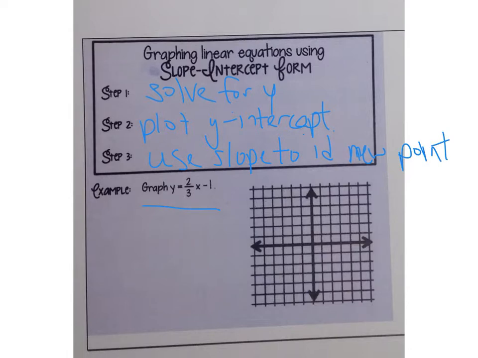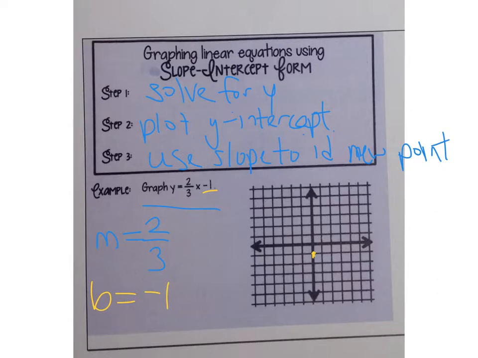In this equation, the slope is m, so that's going to be 2/3. The y-intercept is -1, so I'm going to refer to that as b, -1. So that means my first point is going to be right there, 0, -1, because when x is 0 for that equation, y is -1.